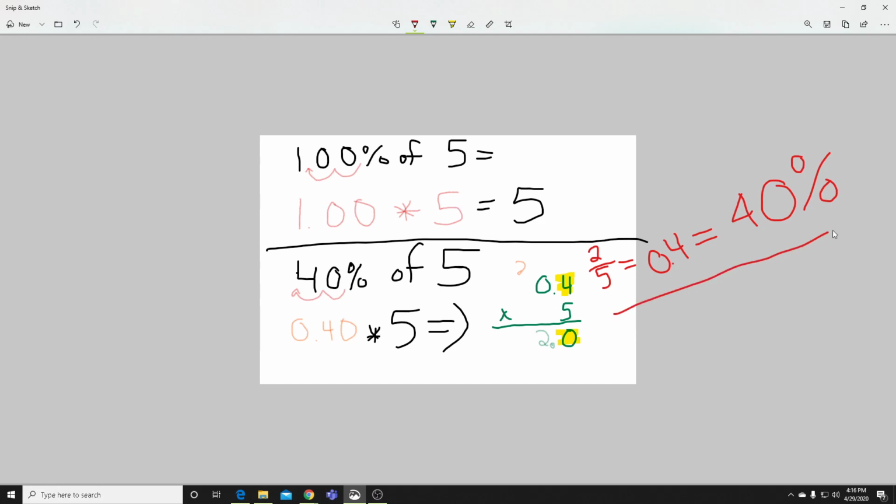So hopefully you all learned something today, and see that working with percentages is not anything crazy. It's just we add one more step to multiplying with decimals. The first step in this case, since we're working with percentages, is just converting that percentage to a decimal, and then you go ahead and multiply. That's it.